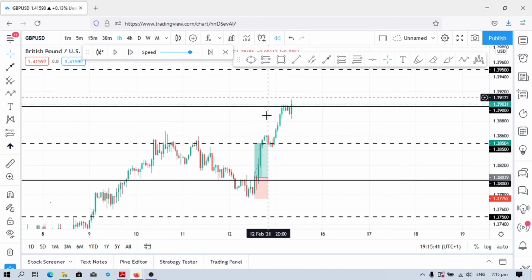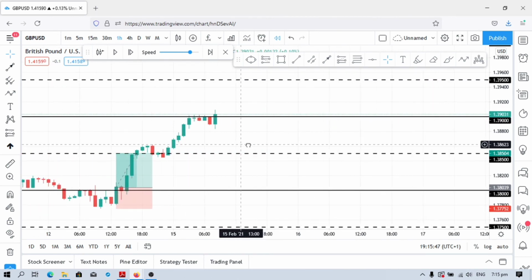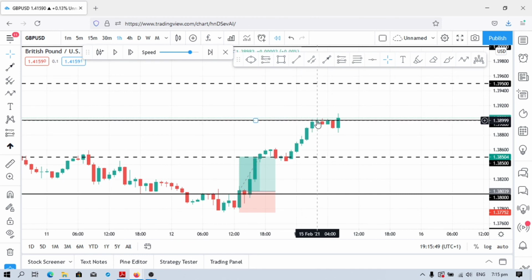Nice. So price has finally broken this and closed above this psychological level. So as you can see here, price tested it multiple times, but never closed above it until this candlestick.